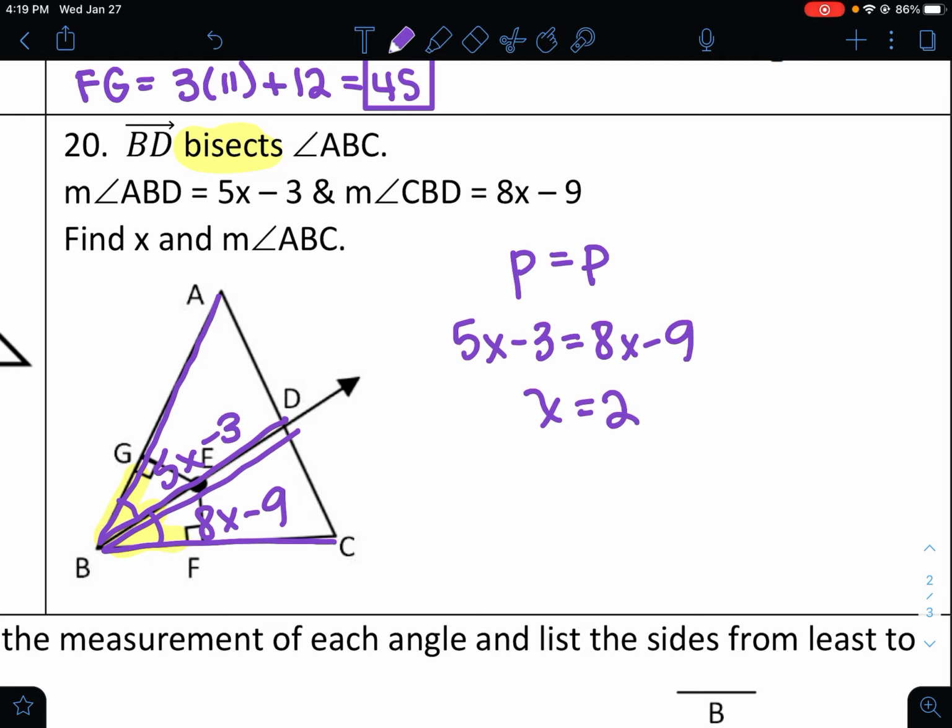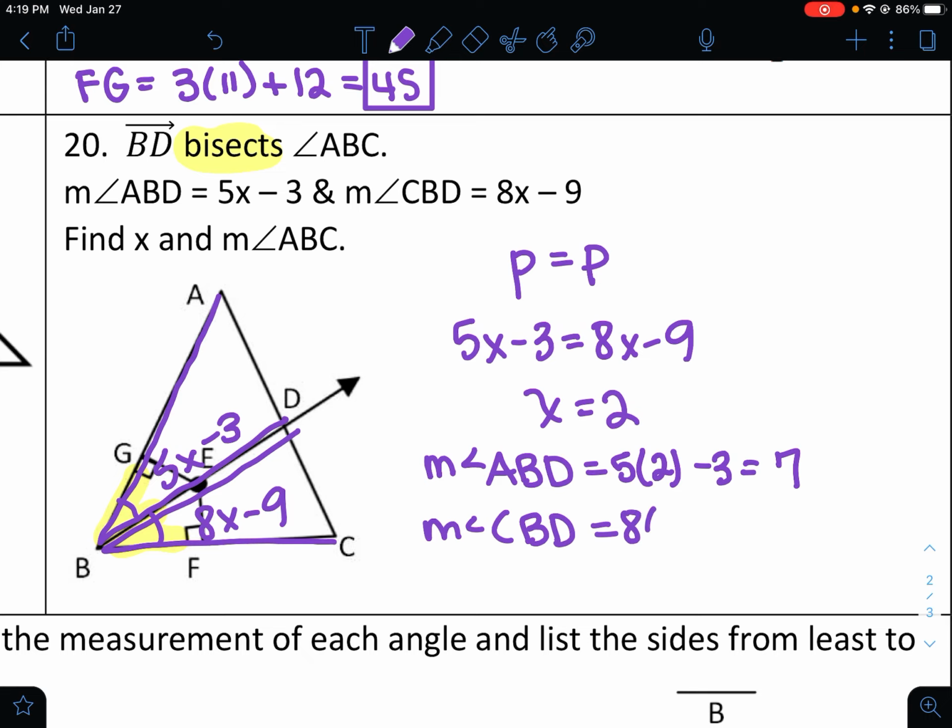All right, so now that we have that, the next thing that we need to do is to plug it in. So we have the measure of angle ABD equals 5 times 2 minus 3, which is 7. The measure of angle CBD, which is 8 times 2 minus 9, which also equals 7.